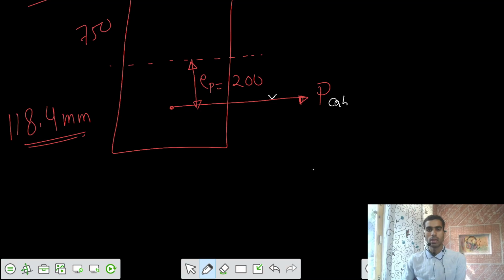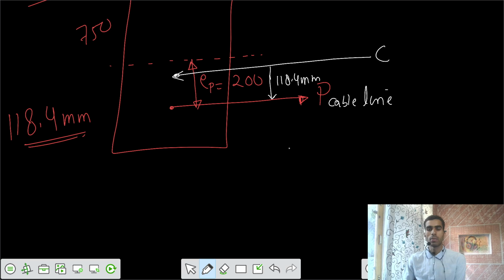From the cable line I had to go 118.4 millimeters above, such that there is some force C acting. Somewhere here your C force is acting. Thrust line, pressure line, C line.